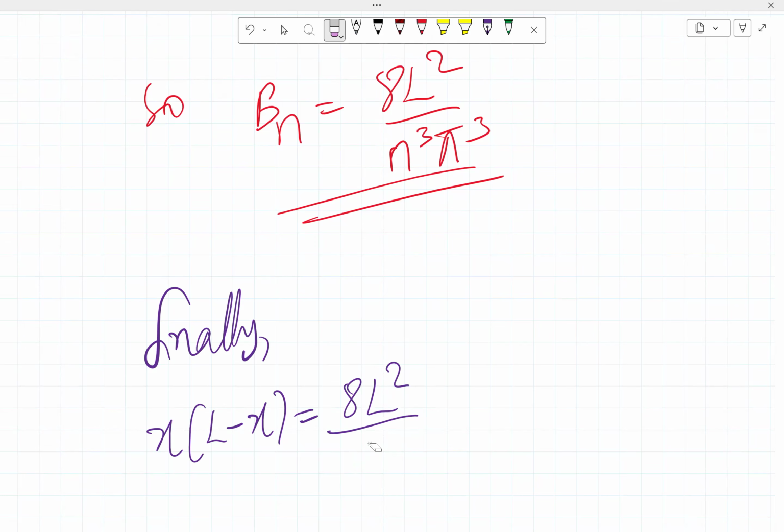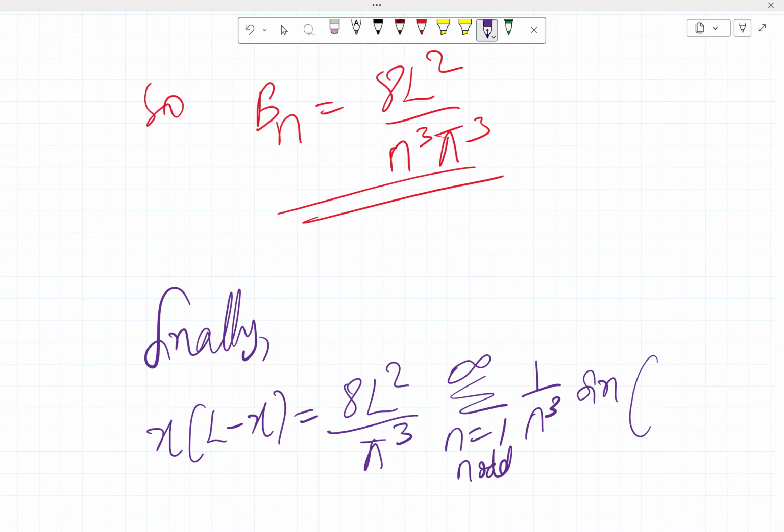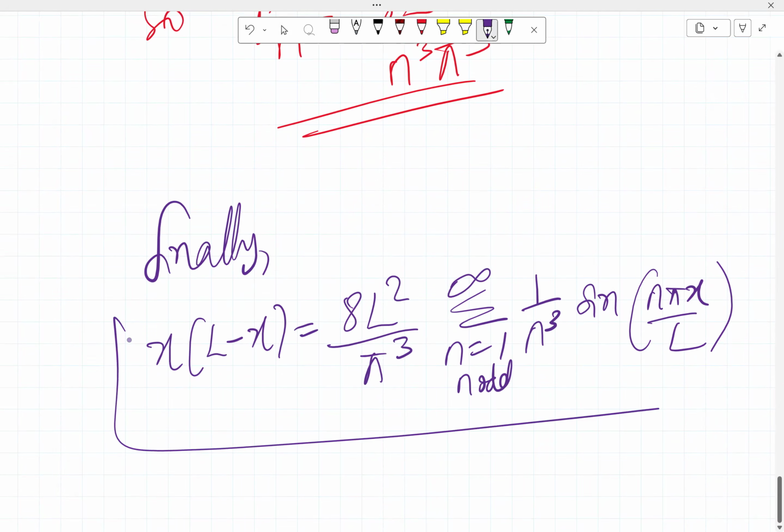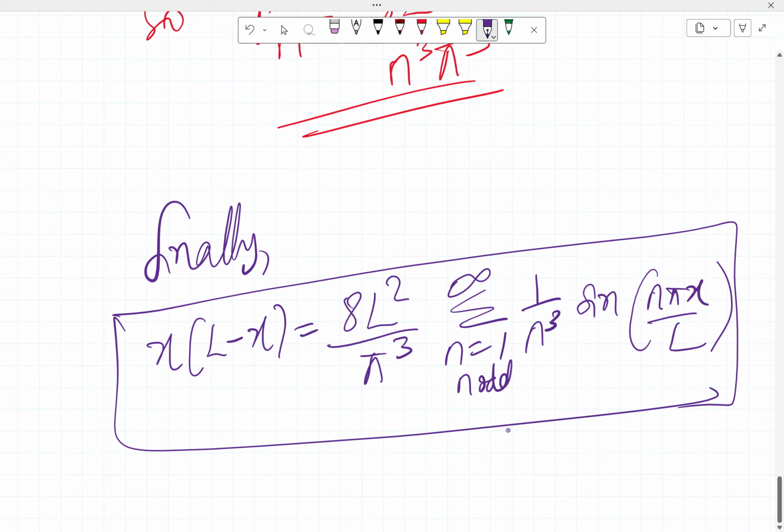Well, the n can go inside. 8L squared all over pi cube will now be summation from n equals 1, where n is odd, to infinity, for 1 over n cube. So this n cube here goes inside 1 over n cube sine n pi x over L. So that's the final answer. That's for that problem 4.